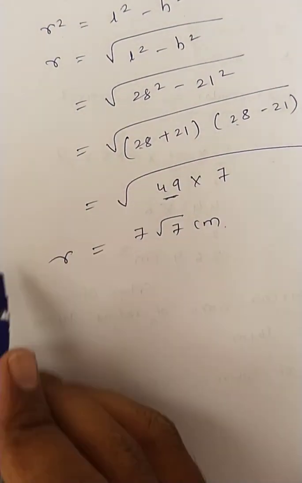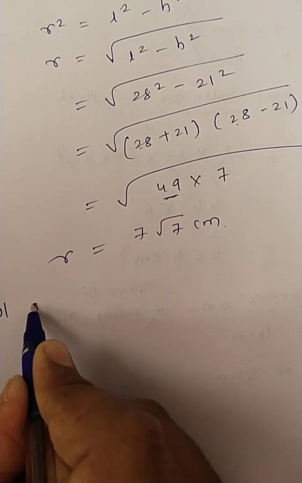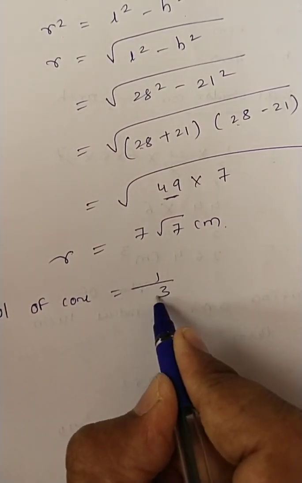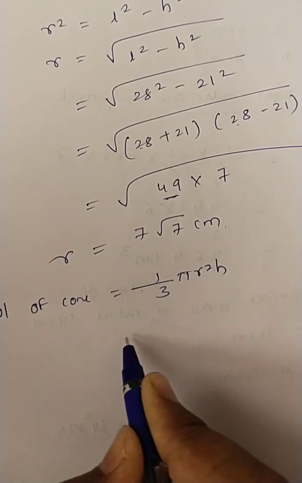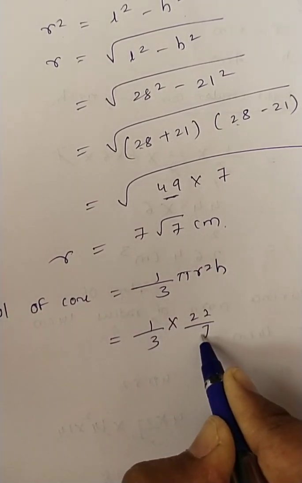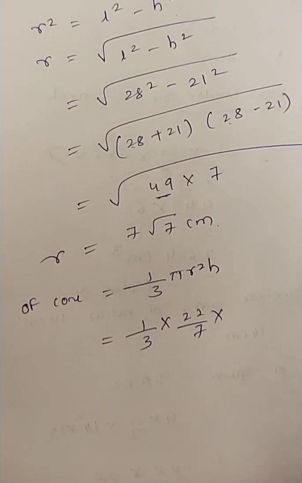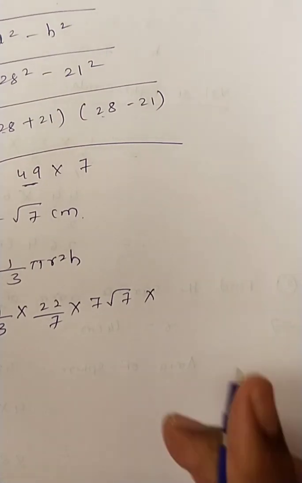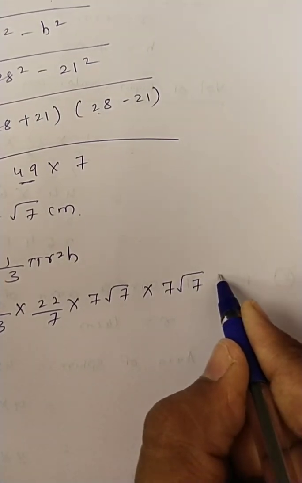So we have the volume of cone. Volume of cone is 1 by 3 pi r square h. So 1 by 3 into pi is 22 by 7. R square is 7 root 7 into 7 root 7 into h.